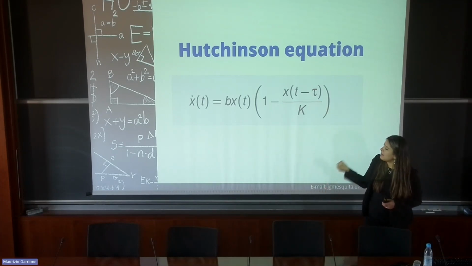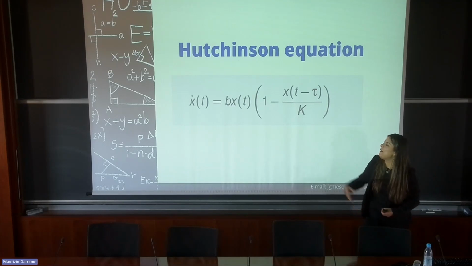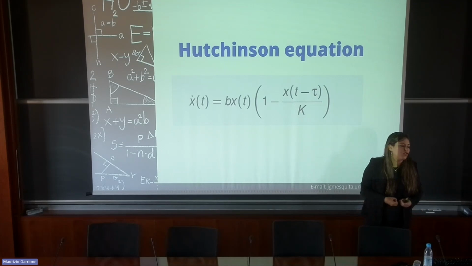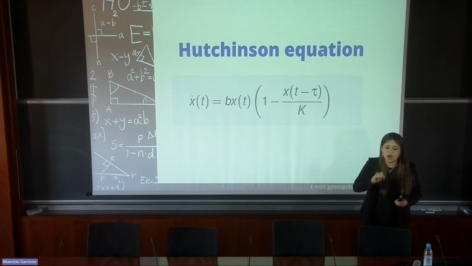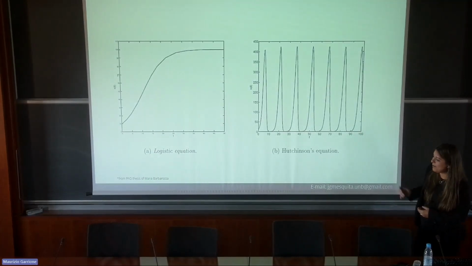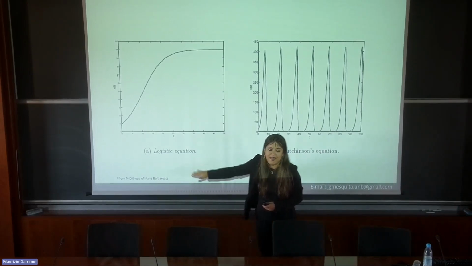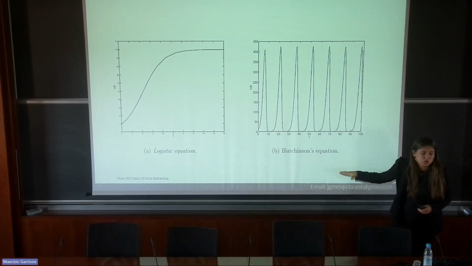So maybe you are looking at it and saying, okay, he only put in this constant delay, the t plus 1, let's say, and it will probably not change the behavior of the solution very much. But here it's important to emphasize that this very small constant delay can change the behavior of the solution a lot. Here, to show you what happens, we have the behavior of the solution of the logistic equation, and here is the behavior of the Hutchinson equation.